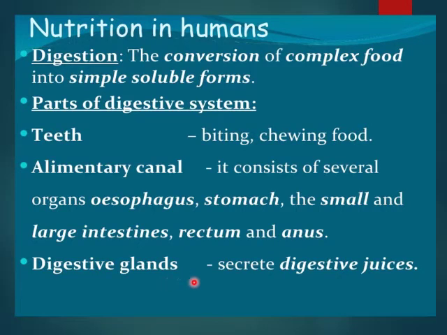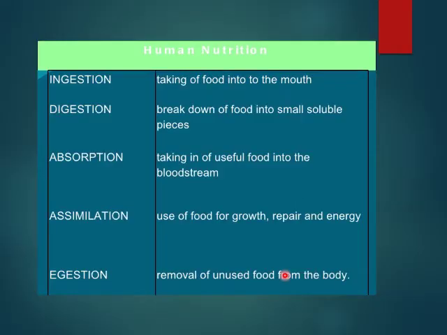Different digestive glands which release digestive juices are also involved. The steps are ingestion, digestion, absorption, assimilation and egestion. Ingestion is intake of food, digestion is breakdown of food, absorption is absorption of the broken down food, assimilation is distribution of energy and egestion is removal of the waste.